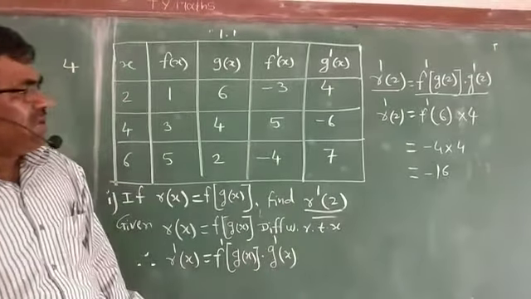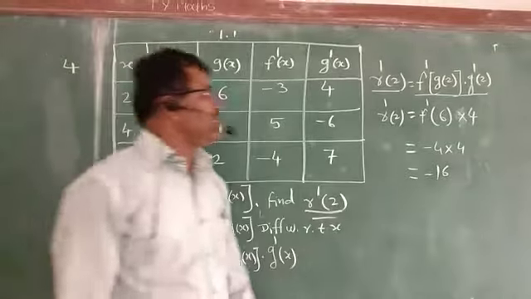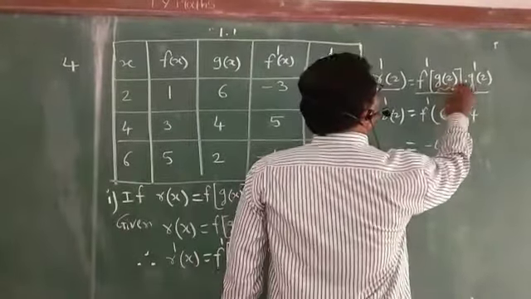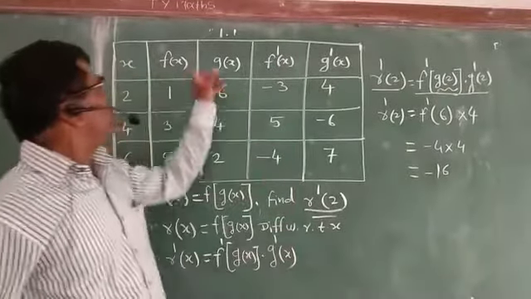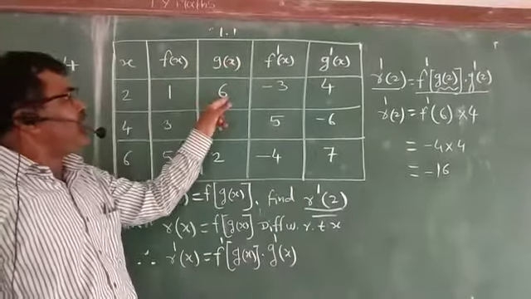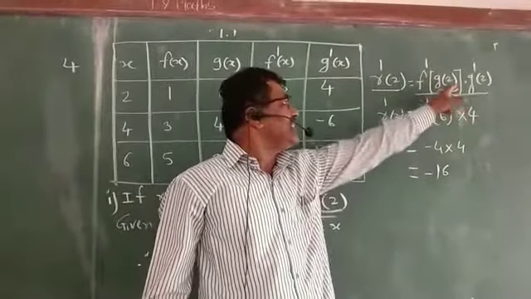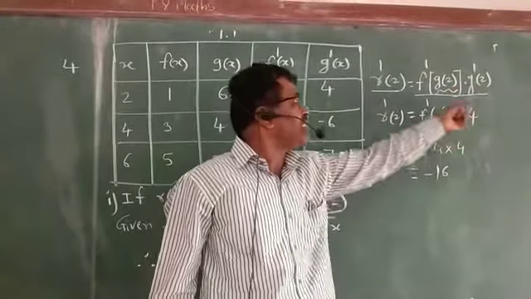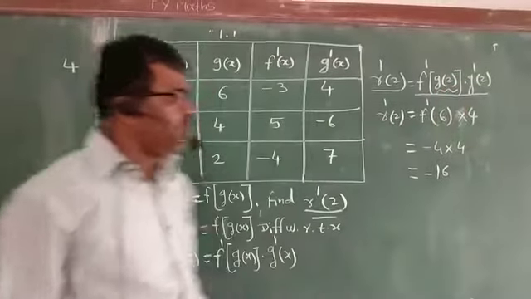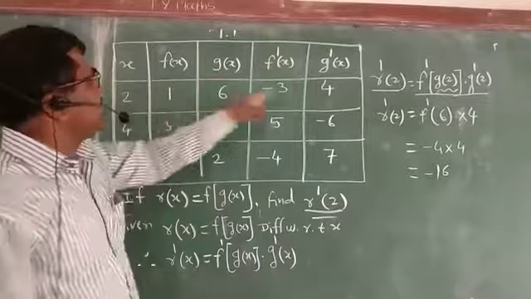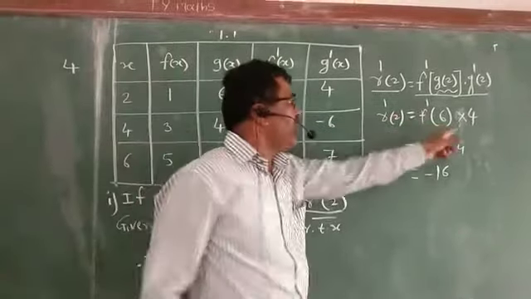Now see over here, note this step, that is g of 2 equal to 6. F dash as it is, g of 2 equal to 6, and g dash of 2 from table, g dash of 2 is equal to 4.